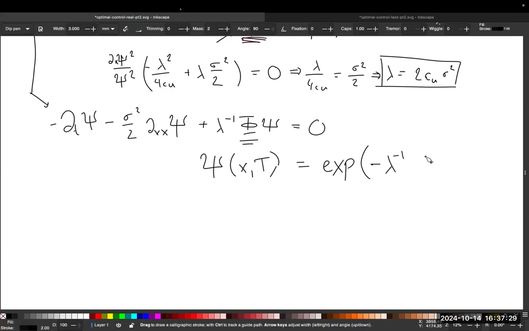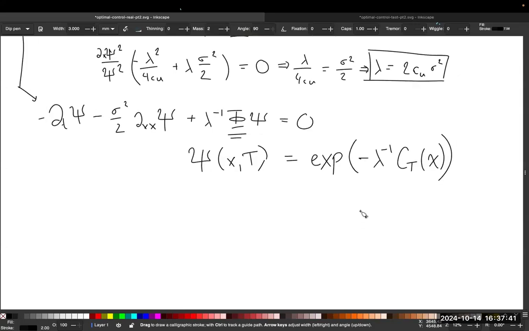And then we have our terminal condition, so for the time being, I'll just write this as c_T(x). We also have to transform our terminal condition in the same way that we transformed our V and our PDE.